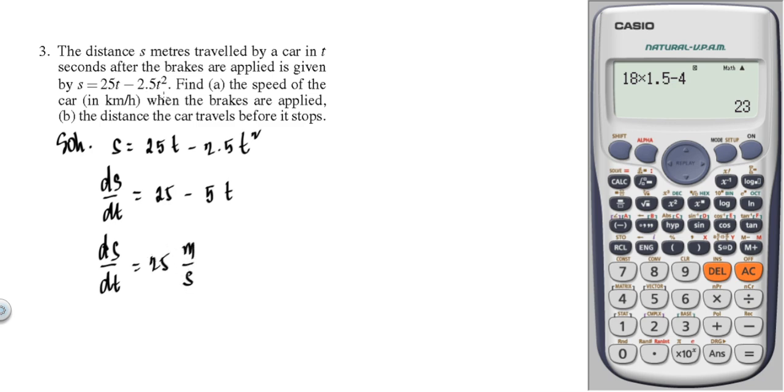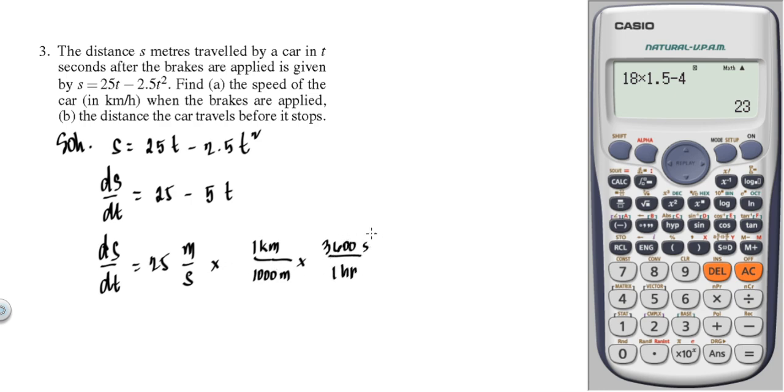But ang kailangan natin is in kilometer per hour. So let's multiply this by 1 kilometer over 1,000 meter, times 3,600 seconds over 1 hour there.